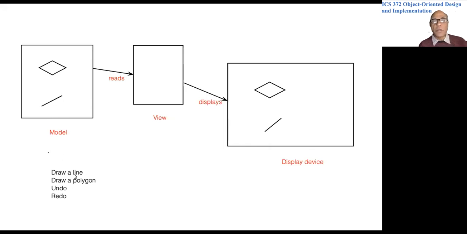Now let us see, we want to undo the last operation. So we want to undo the drawing of the polygon. We can easily see that if the polygon is removed from the model, the view will not display it anymore. So that is a very simple idea.